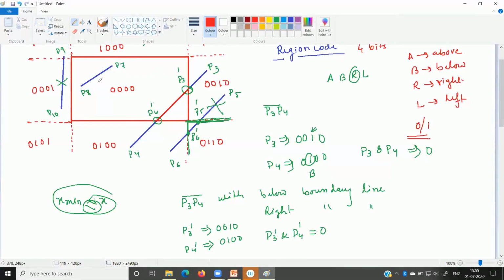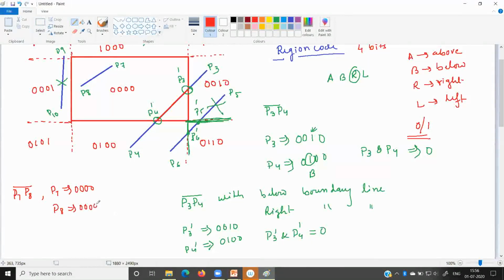Now we will go for the last one, P8 and P7. If you find the region code for P8 and P7, you can see that for P8 the region code is 0000, all zeros. P7 P8 is my line segment. The region code for P7 is 0000, and for P8 it is also 0000.